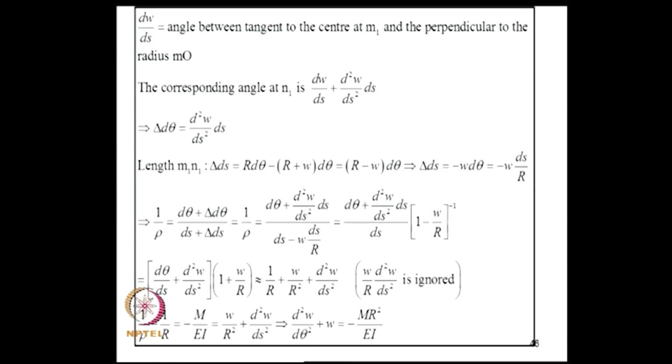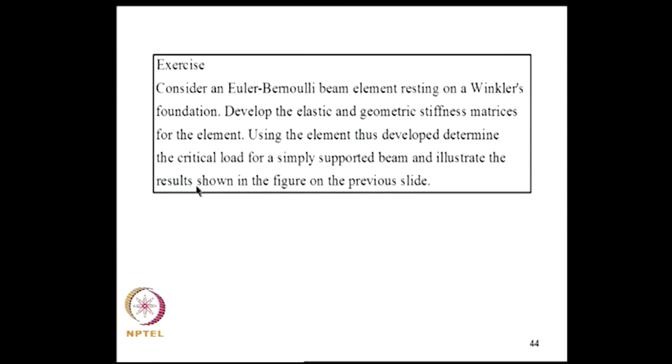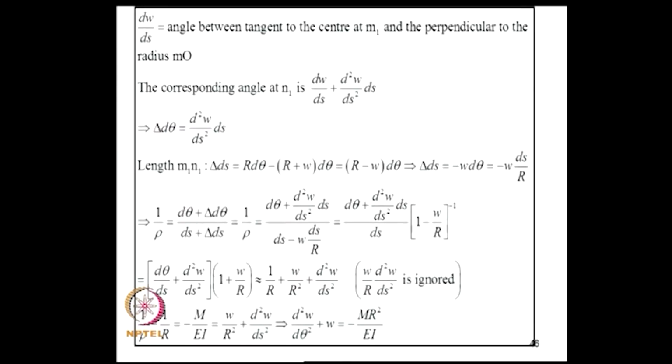If dw by ds is the angle at M, then at N I will have dw by ds plus the gradient, d square w by ds square, into ds. Based on that I get delta d theta as this. Similarly, if you consider length M1N1, it is delta ds which is given by this, and you can work through this and get this equation.